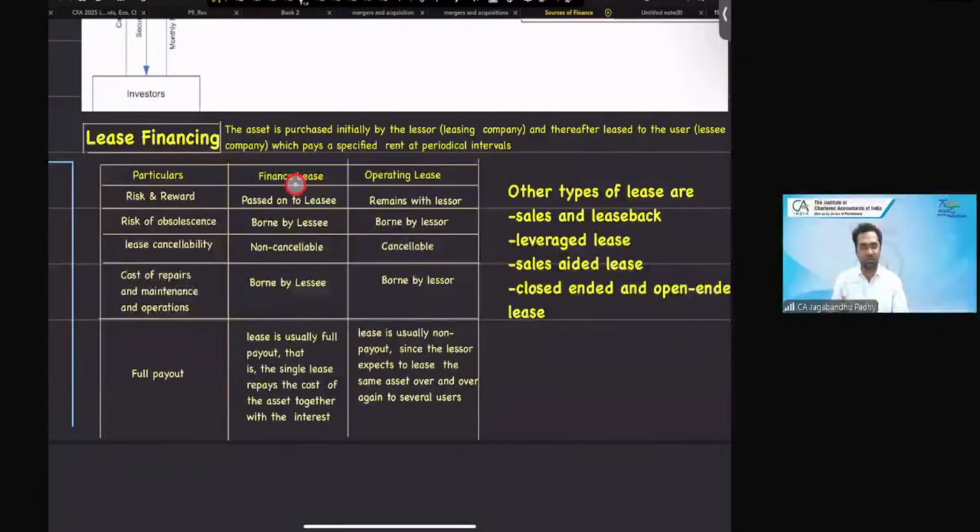The lessee means the person who is going to take the asset on lease. Risk of obsolescence is again borne by the lessee. They are non-cancelable. Repairs and maintenance, everything is undertaken by the lessee. Full payout, almost whatever amount you pay under finance lease is almost equal to the value of the asset. Whereas an operating lease is not a longer term, it's cancelable, right? So a longer term lease can be classified as finance lease, and a short term lease can be classified as operating lease.